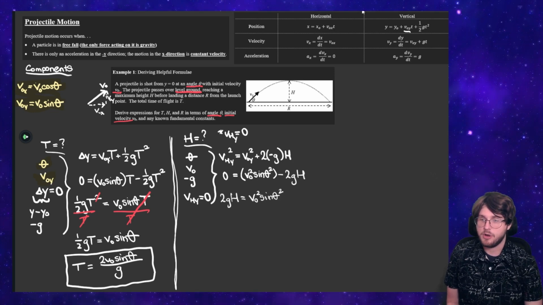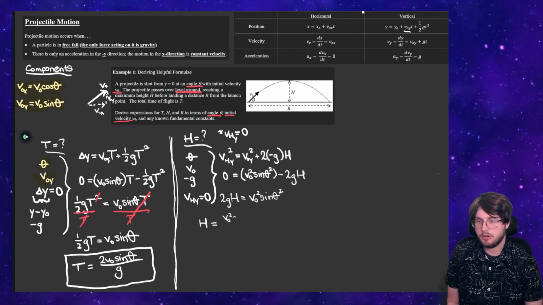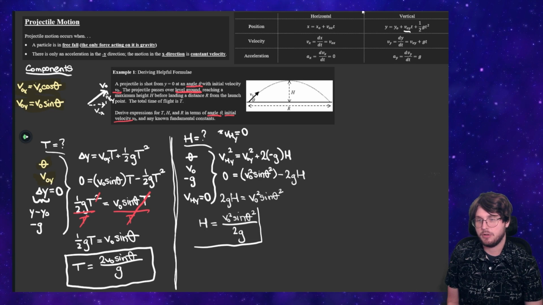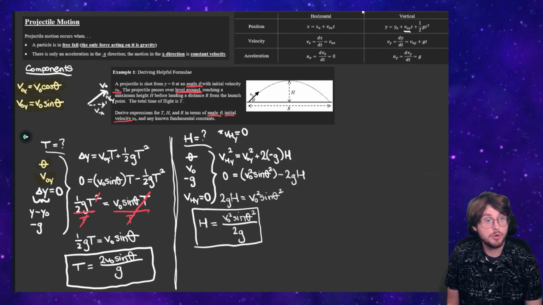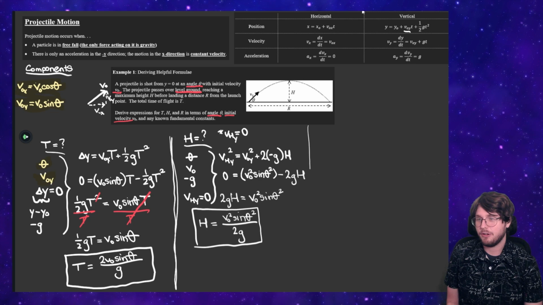And then finally, to solve for H, we just need to divide by 2g. So H officially will become v naught squared times sine theta squared divided by 2g. And that is our final result. Again, another thing to add to our toolbox there. That's pretty handy.